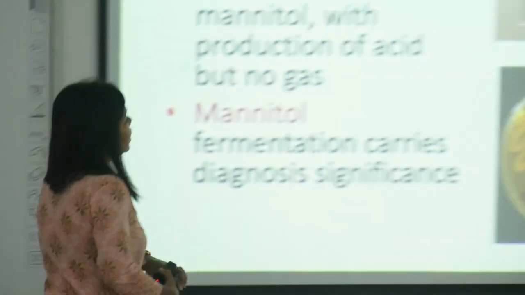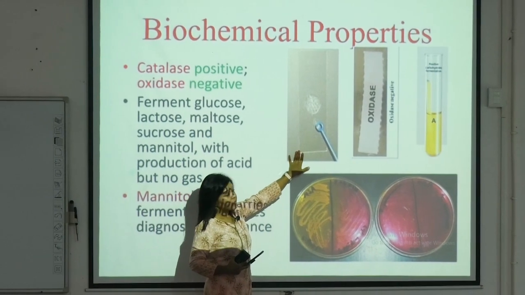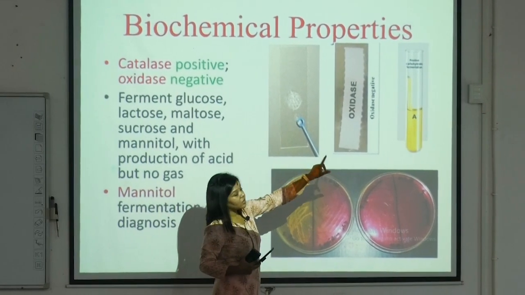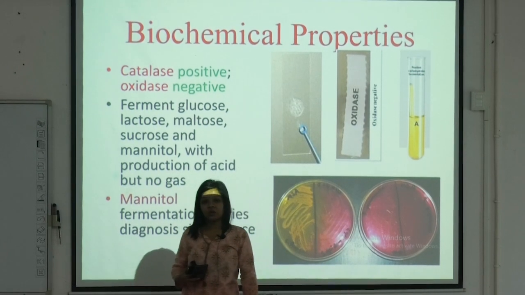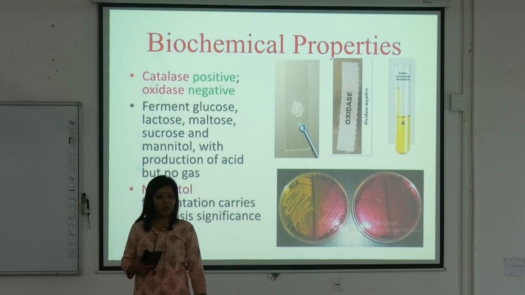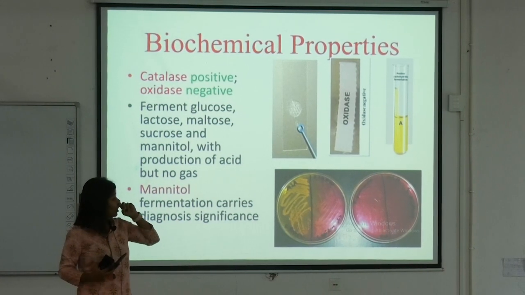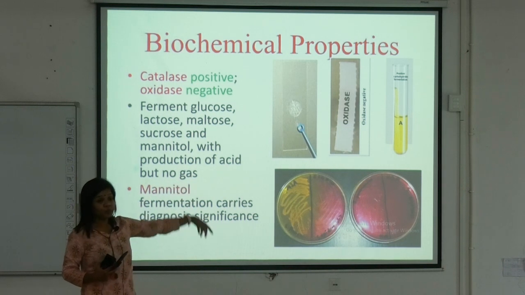This is how we do the catalase test. What is that? That is a glucose broth or sugar broth, the yellow color in the tube.